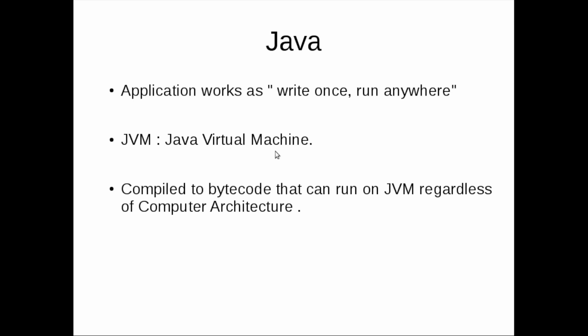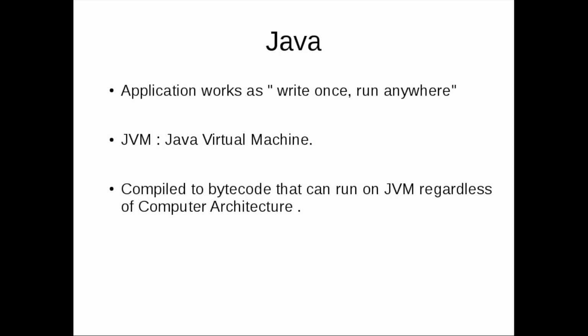What happens here? The Java source code is given as an input to the compiler. It compiles that source program and converts the compiled code into bytecode. It is not binary directly. Here we find the difference. In the case of C and C++, the compiled program is in the form of object code. But in Java, instead of object code, there is bytecode.